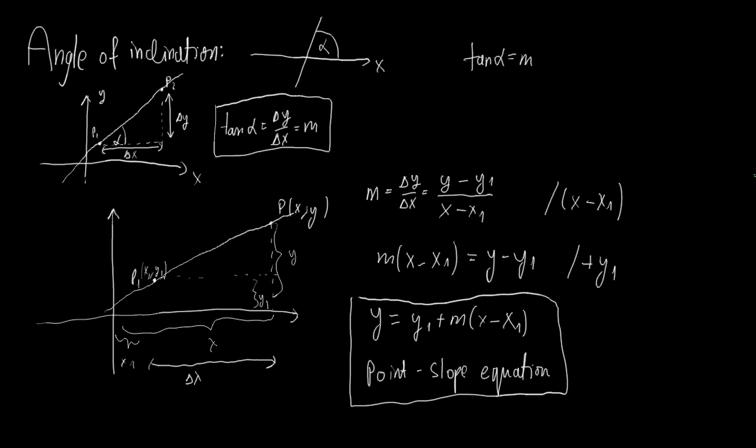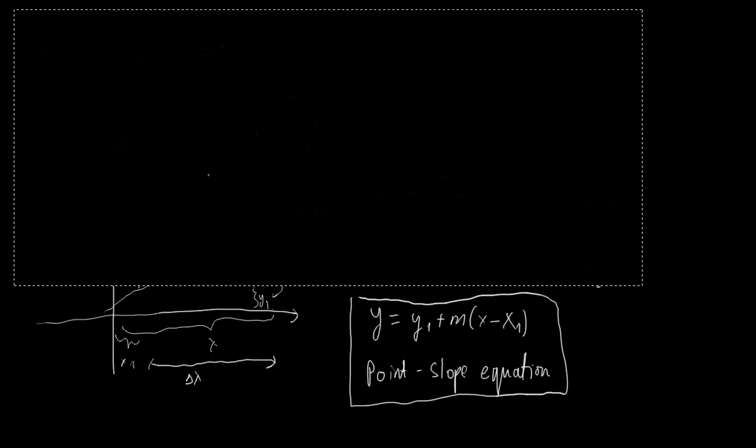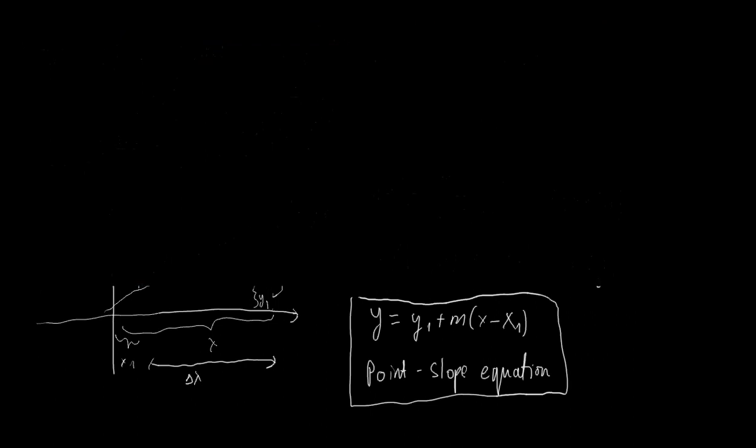Now let's apply the point slope equation in some cases. Write an equation for the line through the point 2, 3, for example P1, with a slope of minus 3 over 2. Now you can see that this task is really easy because you need just to substitute your data into the point slope equation.